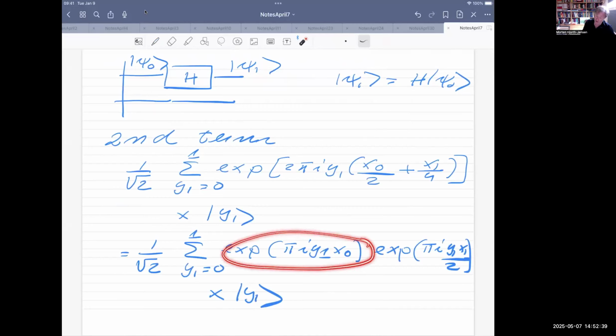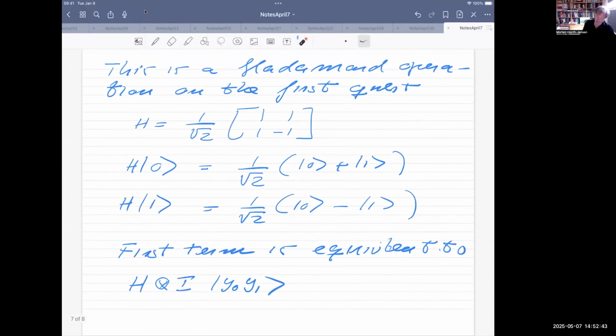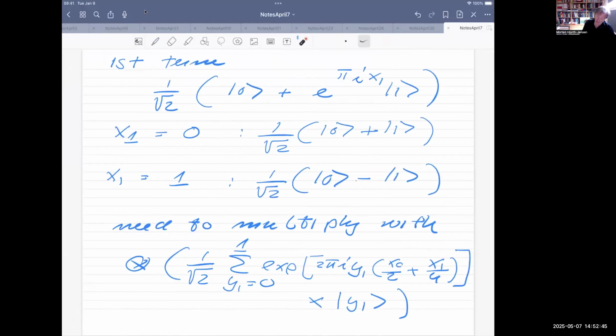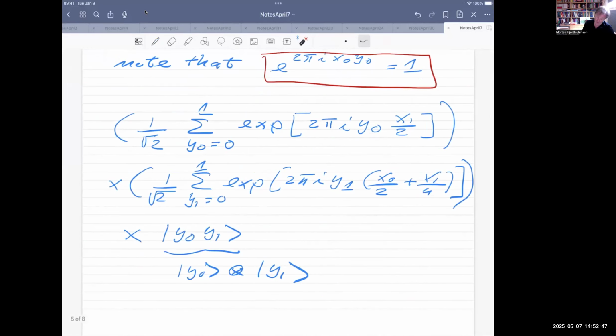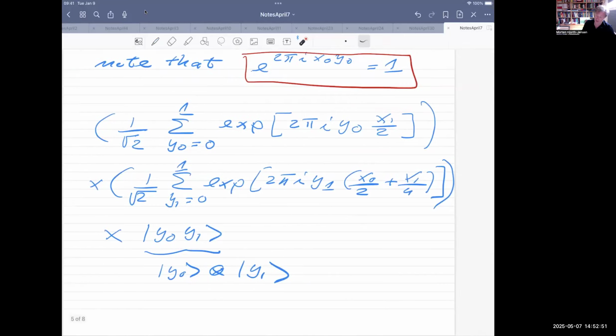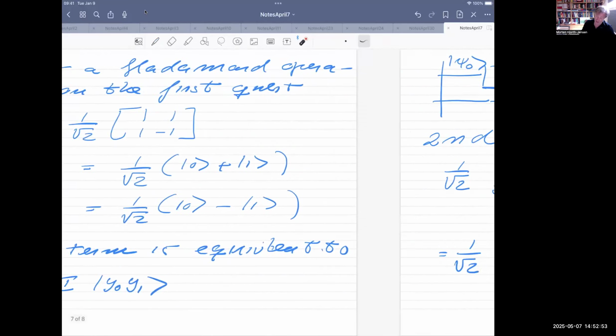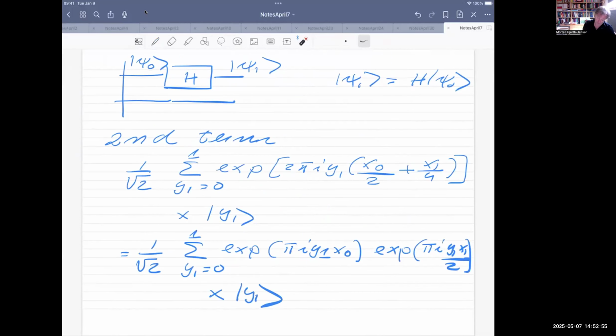So this term is nothing but what we had earlier. If we go back here to the first term, so that means this term here. This is nothing but a Hadamard gate. So let's just single that one out.